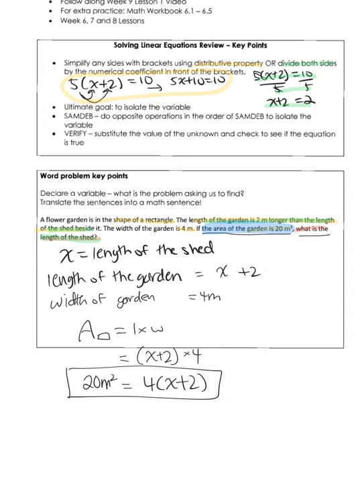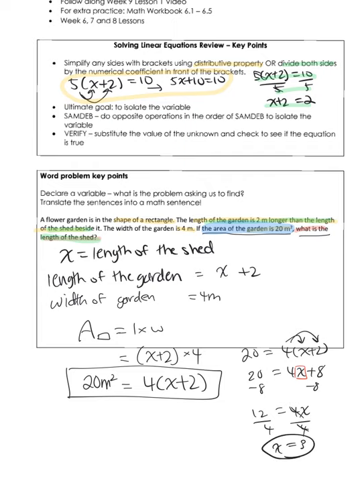Okay, so in order for me to solve, I'm just going to write 20 is equal to 4 times x plus 2. I'll use distributive property. I have 20 is equal to 4x plus 8. And I'm going to isolate now for my variable x. Okay. Now I take away 8 on both sides. 12 is equal to 4x, divided by 4 on both sides. x is equal to 3.